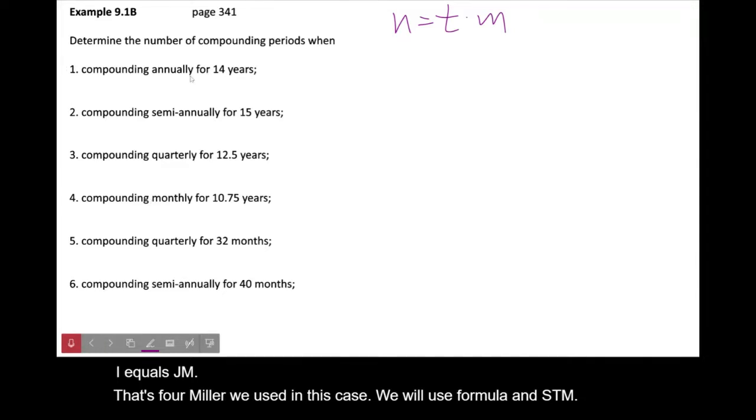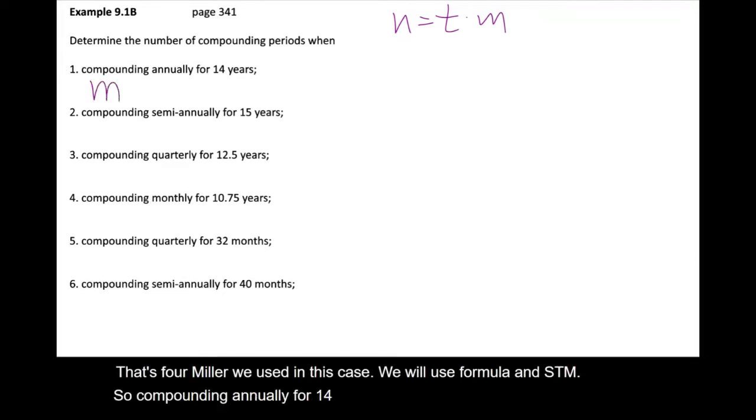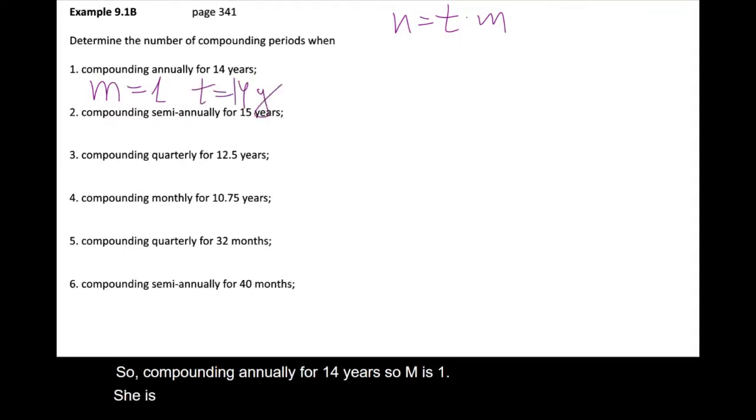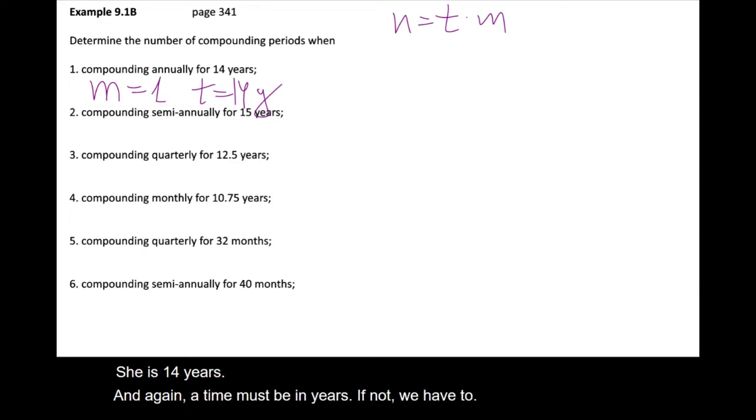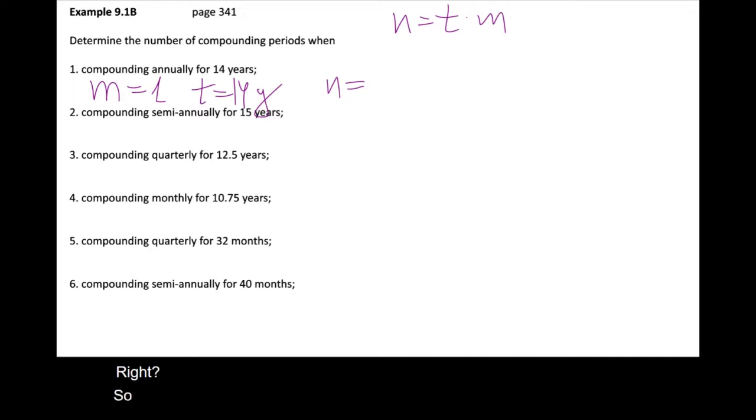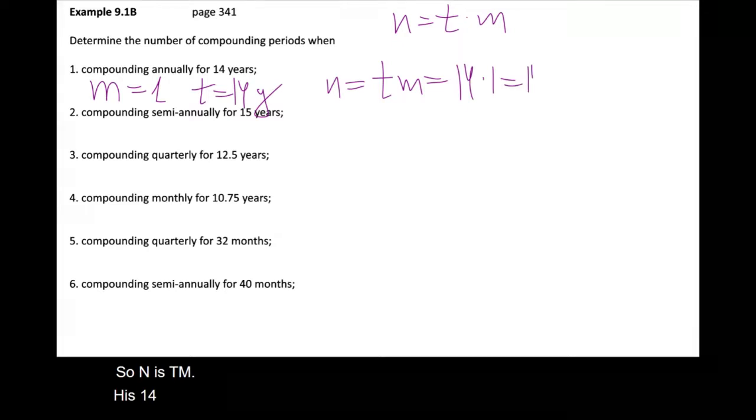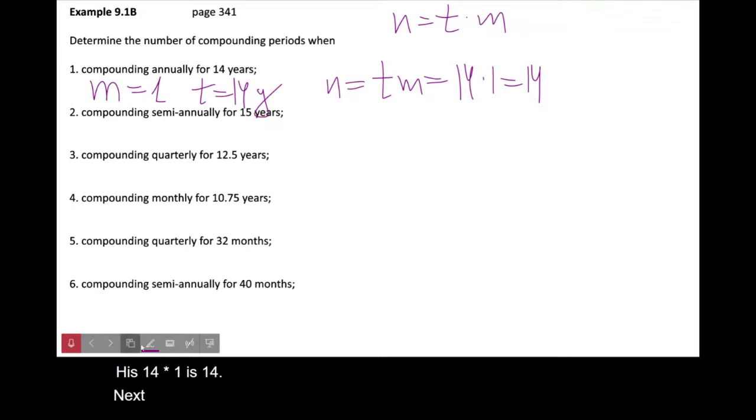Compounding annually for 14 years. So M is 1, T is 14 years. And again, time must be in years. If not, we have to convert it, right? So N is T times M, 14 times 1 is 14. Next, compounding semi-annually for 15 years.